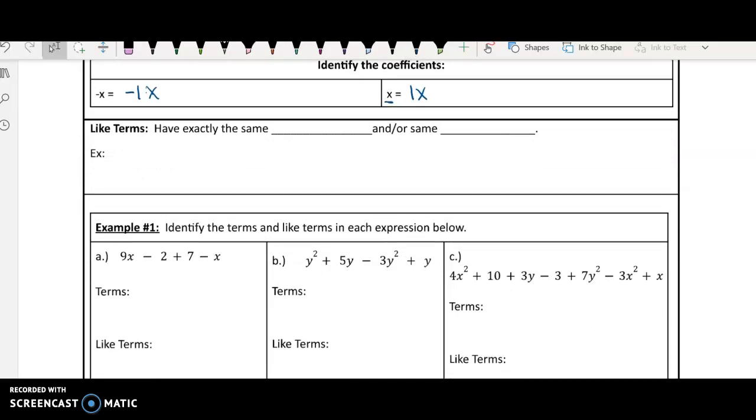So let's understand what are like terms. Like terms have exactly, and that's super important, exactly the same variable, and/or the same non-variable, which means that it's just a constant.